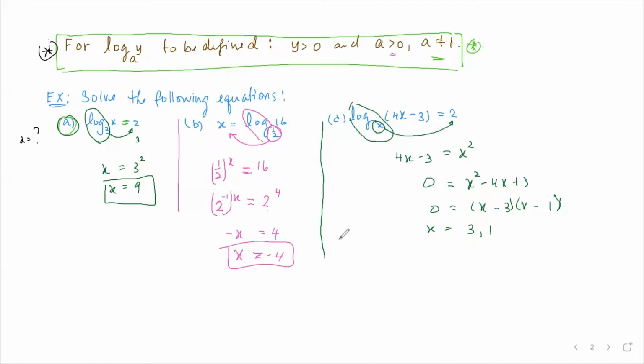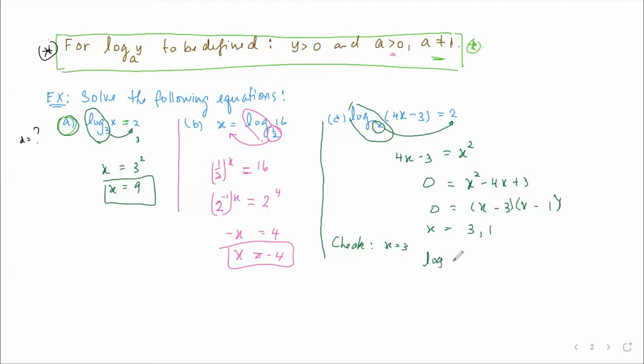So then you have to check whether x equals 3 works and whether 1 works or not. If x equals 3, now we're going to check whether the equation is correct or not. So you replace x in the equation.